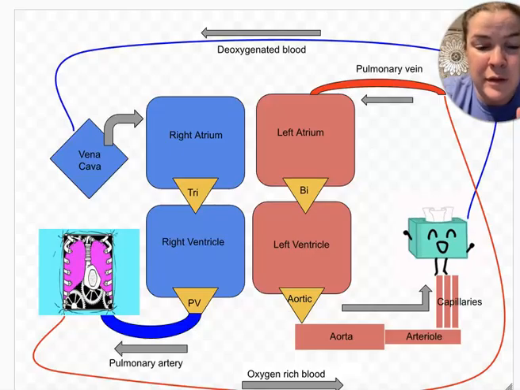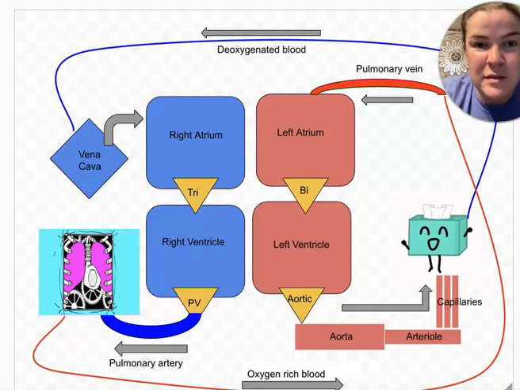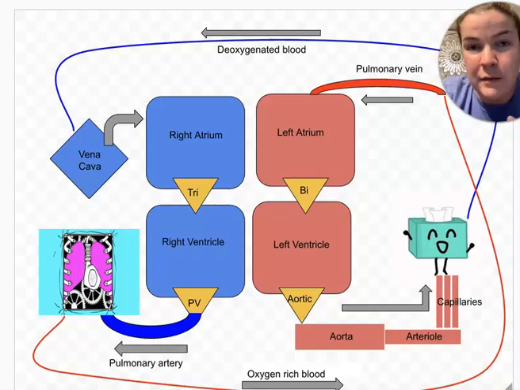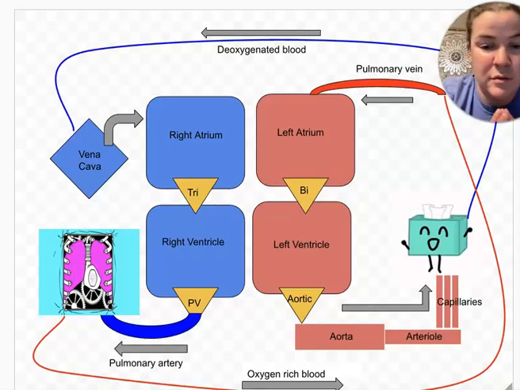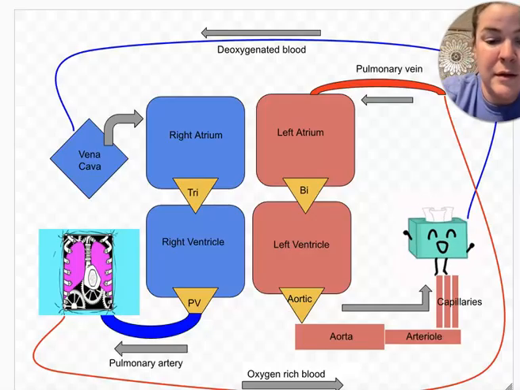Now, hemoglobin is a protein that basically binds to oxygen to act as a transporter so that it can carry oxygen to the tissues and to all of the parts of the body that require it.